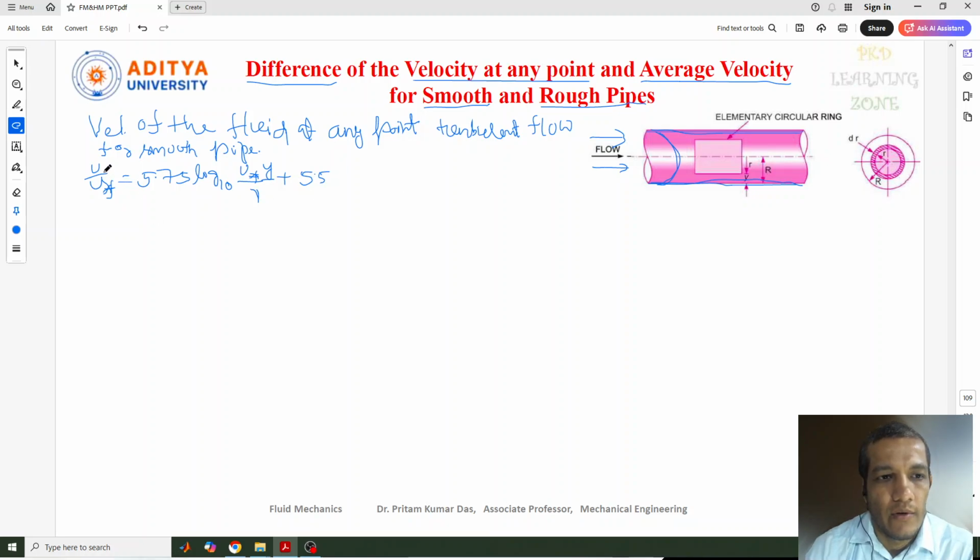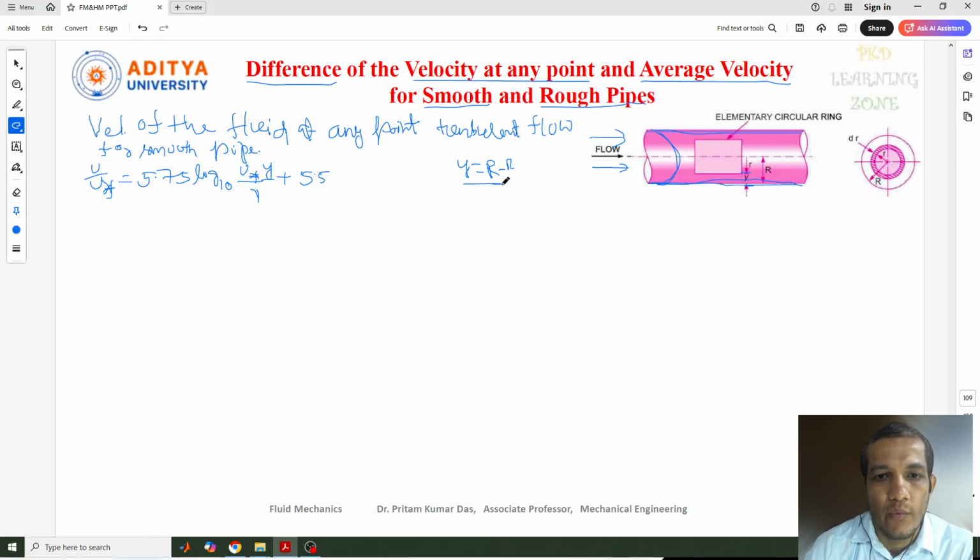At this point we need to consider the value of y equal to capital R minus small r, that is, the radius of this pipe minus the radius of this circular ring.